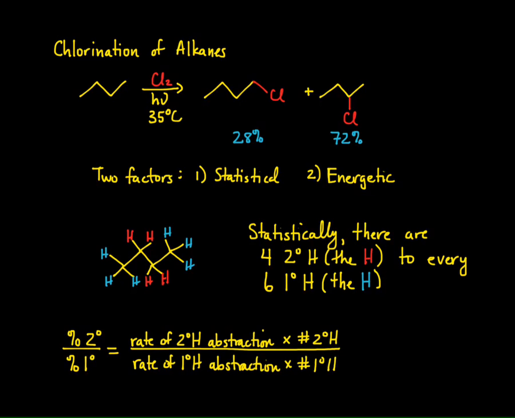If we combine the two factors, we can say that the percent of the secondary relative to the percent of the primary is going to equal the rate of secondary hydrogen abstraction, so this is the energetics, times the number of secondary hydrogens, divided by the rate of primary hydrogen abstraction times the number of primary hydrogens. And so that product distribution is related to both energetics and statistics.